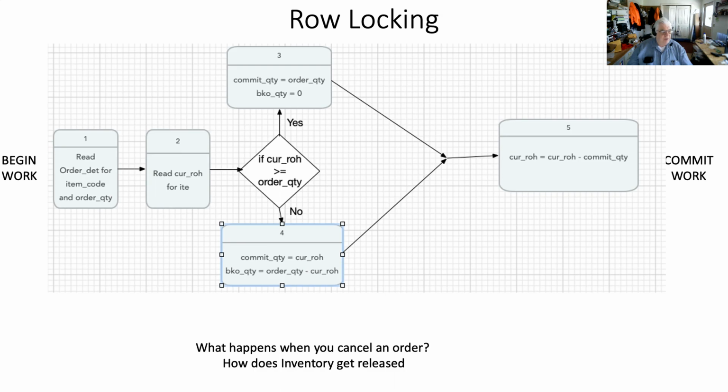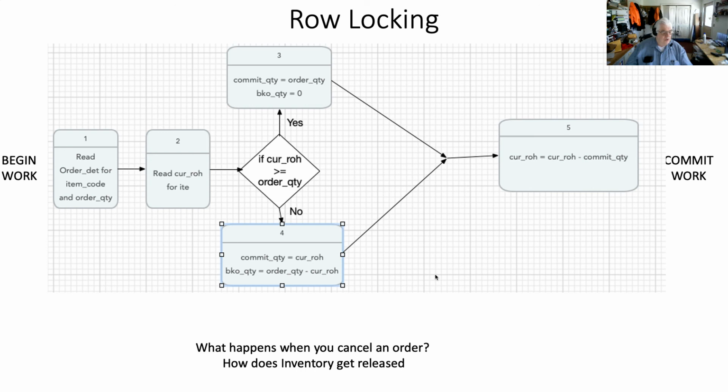So we've talked about all these ways to lock data, but our process said that a customer ordered, they went out and checked stock, and they wouldn't change stock, and we committed work. But what happens when somebody cancels an order and we've already taken the stock for that order?